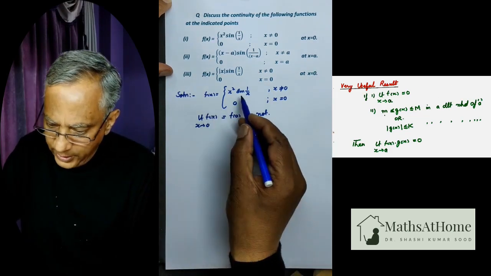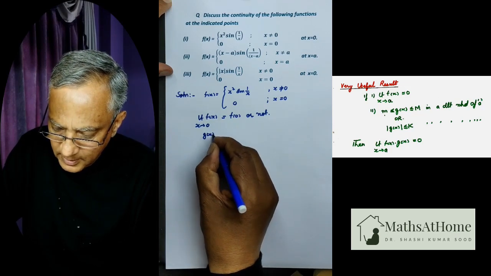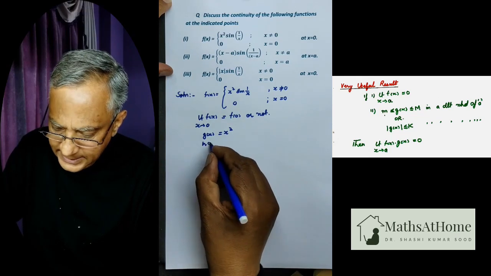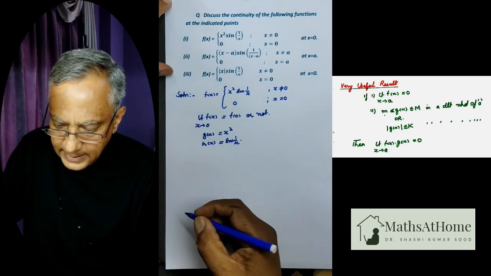So what we do is we consider two functions. Say g(x) is equal to x square and h(x) is equal to sine 1 by x.